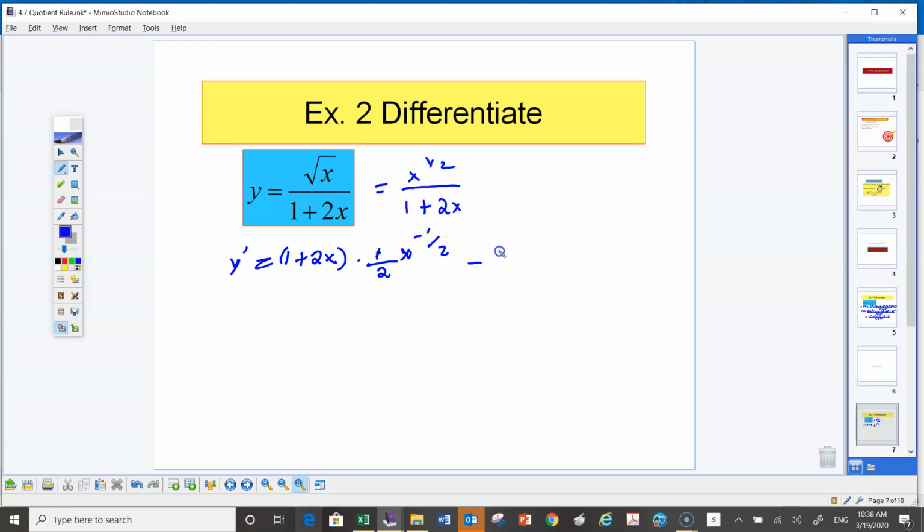Minus the numerator, which is x to the 1/2, times the derivative of the denominator, all divided by the denominator squared.